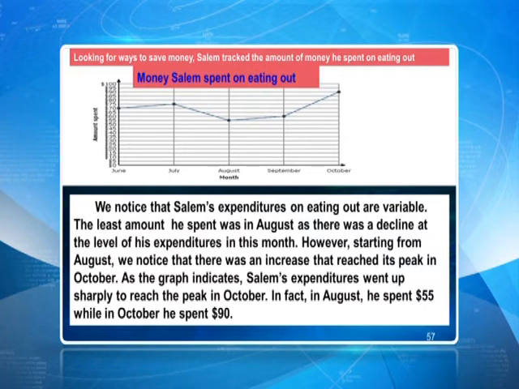The least amount, here you have to start by the two axes, the least and the highest amount. The least amount he spent was in August, as there was a decline in his expenditures in this month. However, starting from August, we noticed that there was an increase that reaches its peak in October.